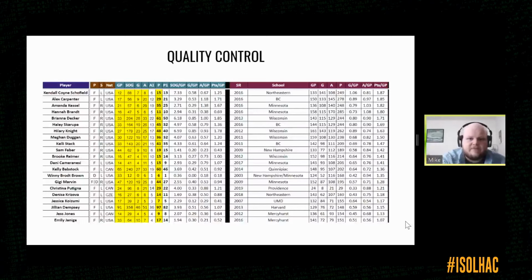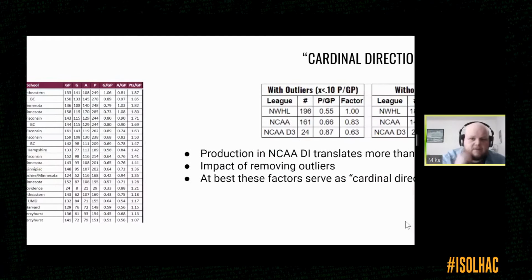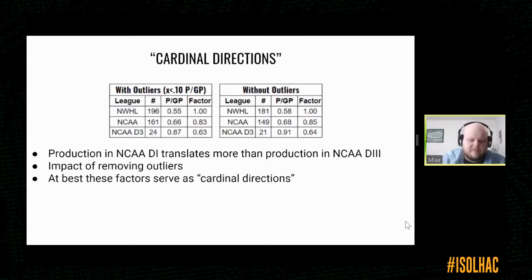The results of removing these outliers and keeping them, you can see from the graphics here. So it was reassuring to me that it looks like production in the NCAA Division I translates better to producing in the NWHL than production in Division III collegiate hockey.